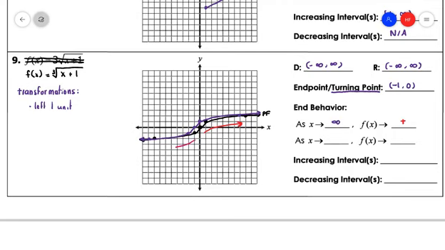As x approaches negative infinity, so as x goes this way, we're decreasing. And so we're increasing on the interval negative 1 to infinity, so from that turning point to the right. And then we're decreasing from the left to that turning point of negative 1.